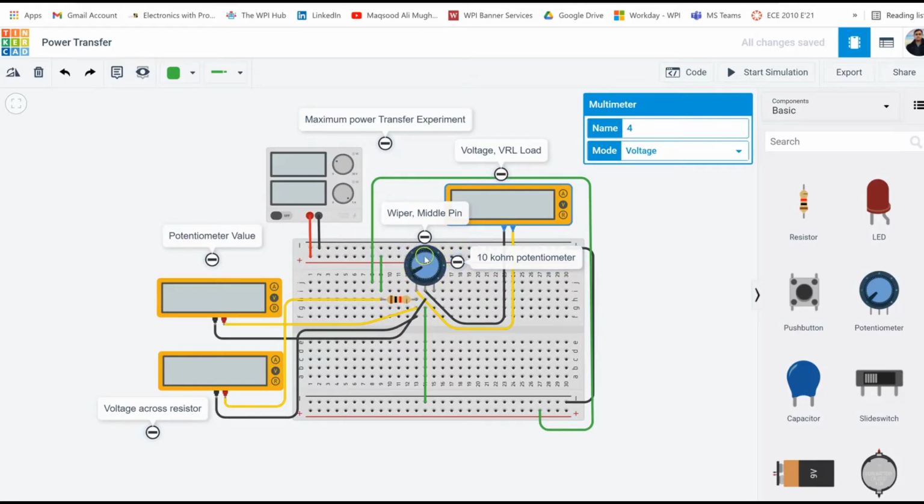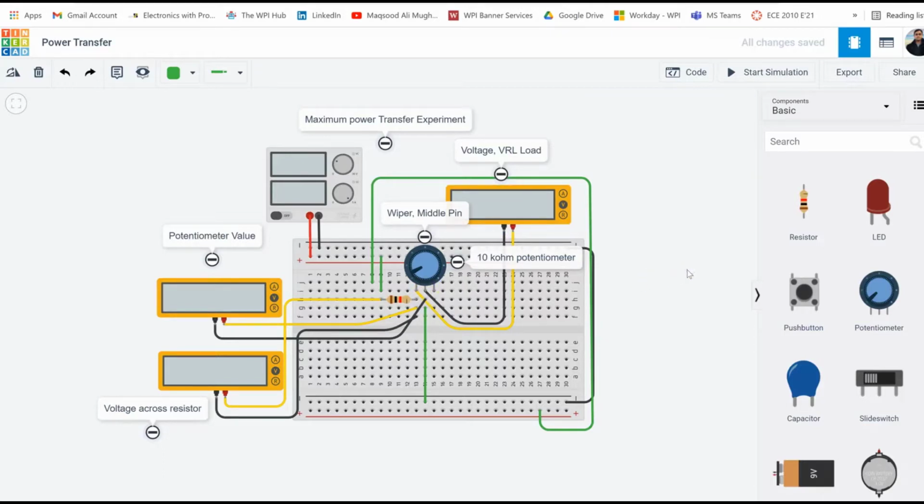We are going to vary the resistance and measure the voltage at different resistances. The positive terminal of the multimeter is connected to terminal 1 and the negative terminal is connected to the wiper.